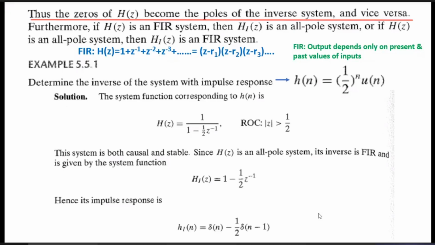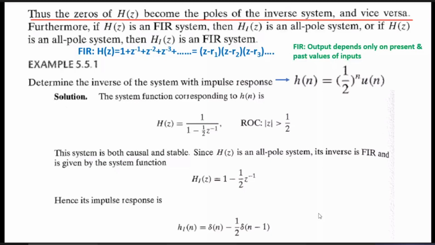If you take the convolution y(n) equal to x(n) convolution h(n), and you know h(n) and the output y(n), then to find the input you convolve with the inverse, 1 by h(n).